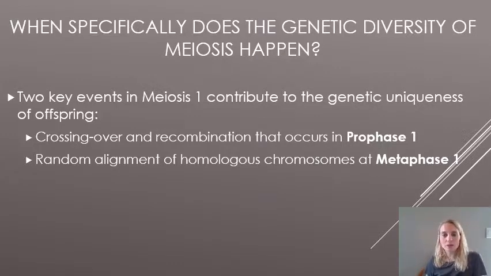So here's kind of a cool thing to think about. I usually use males as an example because they produce way more sperm than females do eggs in their lifetime. So a normal ejaculation has about 250 to 500 million sperm. Because of those two events, the recombination and the independent assortment of meiosis 1, every single one of those sperm is genetically different than every other single sperm that man will produce in their entire lifetime.